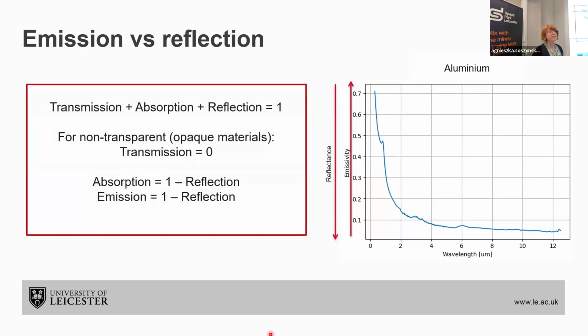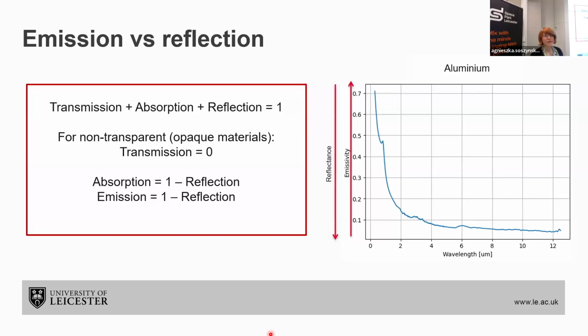Kirchhoff's law tells us that transmission, absorption, and reflection together equal 1. The ratios of them together are 1. So if we consider materials which aren't transparent, and we mean in thermal ranges, in this case, we have a situation where absorption or emission equals 1 minus reflection.